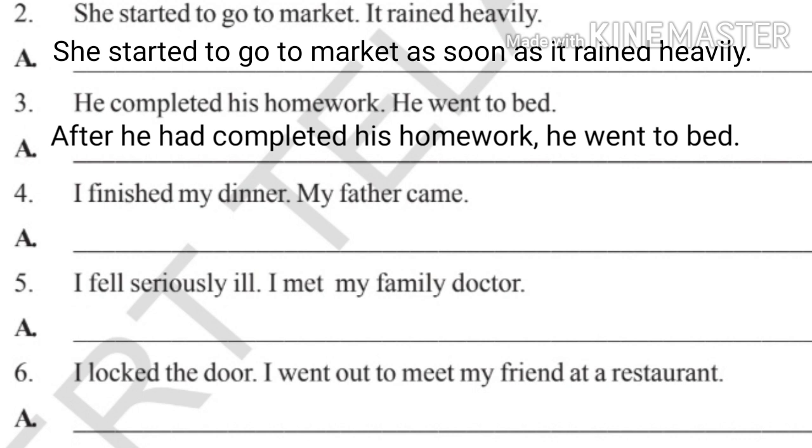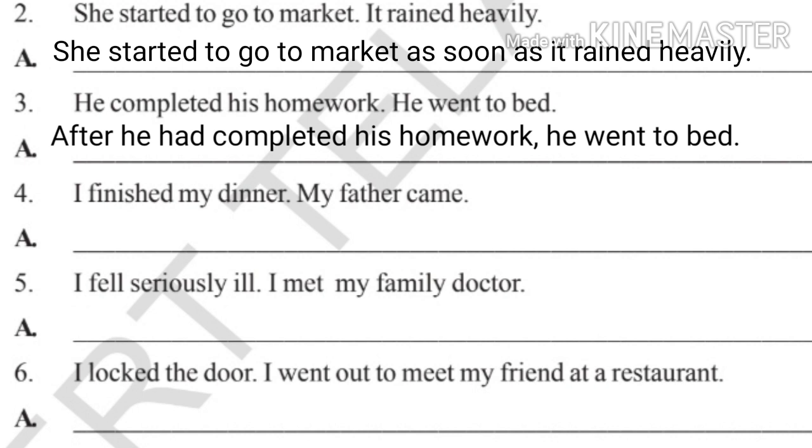The fourth one: I finished my dinner. My father came. So here the earlier action is finishing the dinner, and the later action is my father's arrival. So the first action is in past perfect and the second action in simple past.